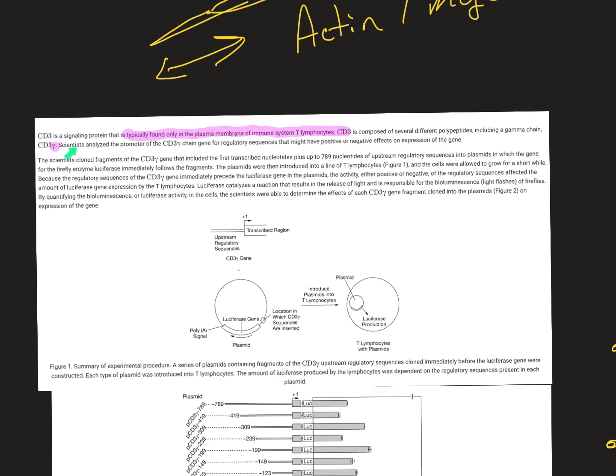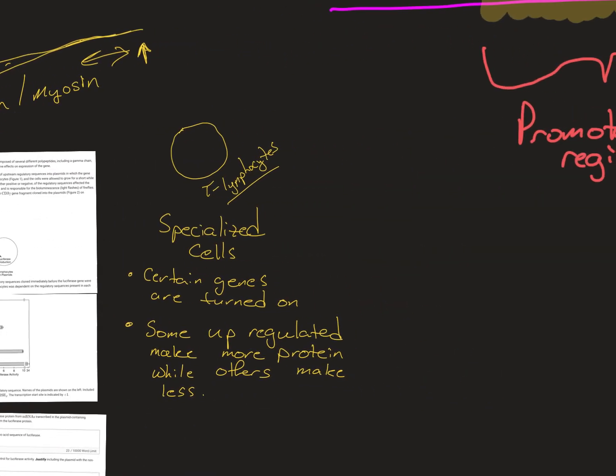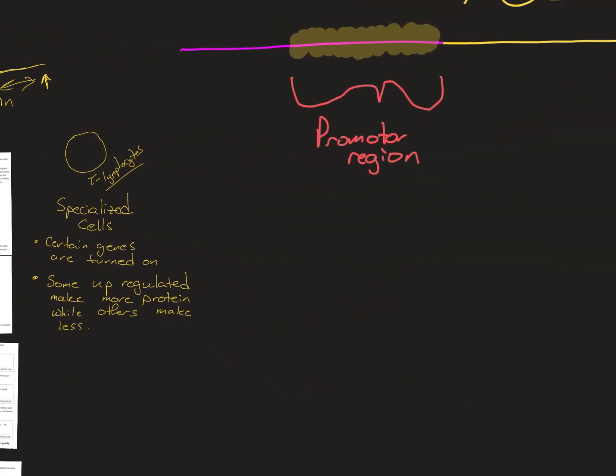Scientists analyze the promoter region for regulatory sequences that might have positive or negative effects. So there might be portions that downregulate it, and there might be portions that upregulate it.